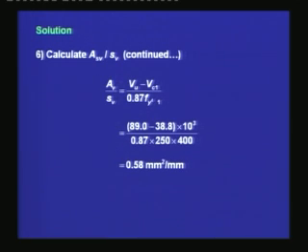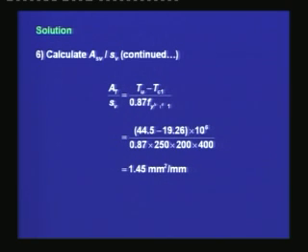For the second expression of Asv by Sv, we are calculating from the shear to be carried by the steel, and once we substitute the value of Vu and Vc1, we get Asv by Sv is equal to 0.58 millimeter square by millimeter.